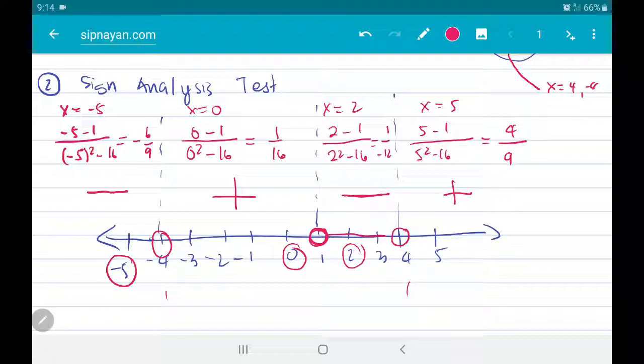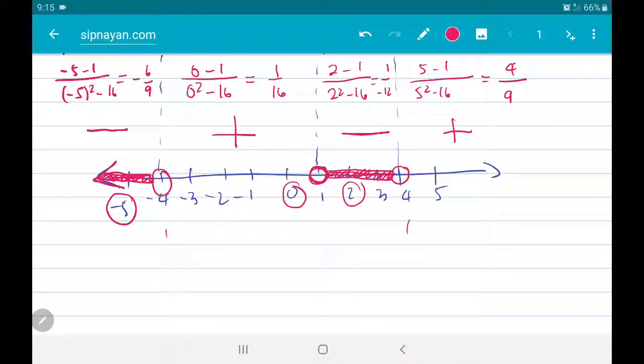Yung value ng inequality ay less than 0. So, ito from here to here. Hindi kasama yung 4, di ba? So, itong part lang na to. Tsaka from here to here. Okay? So, which means that it's from negative infinity up to negative 4, pero hindi kasama yung negative 4.